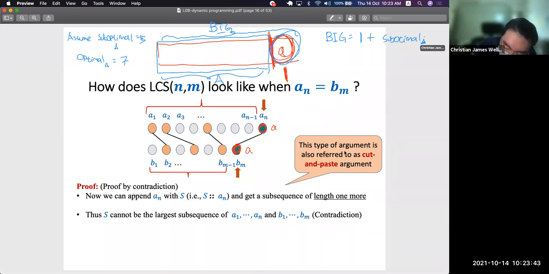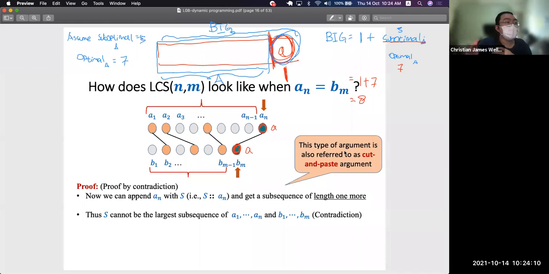So 1 plus suboptimal of A, this is 5. The argument is that you cut out the suboptimal answer and place in the optimal answer. Remove the suboptimal answer, this is 7, and then suddenly you get a better result, like 8.